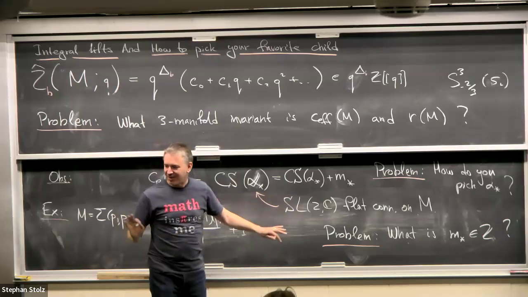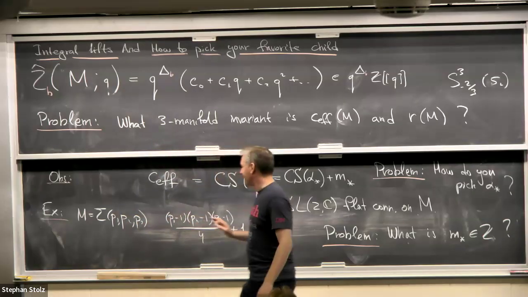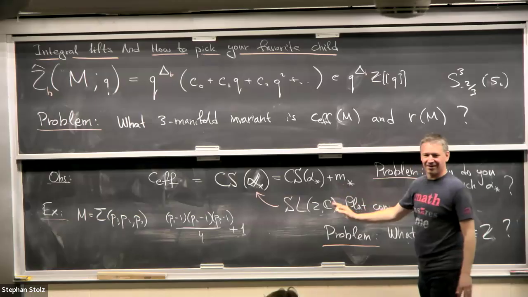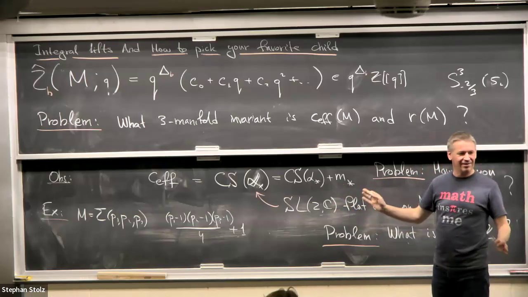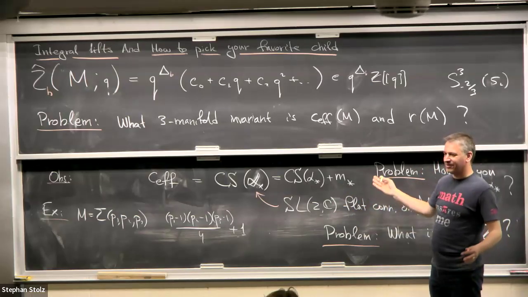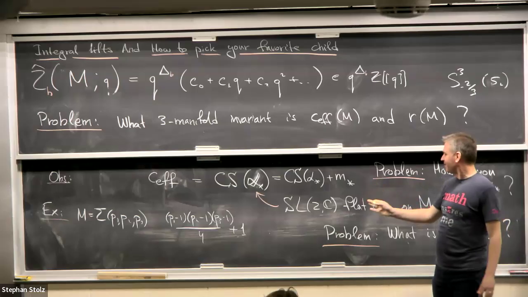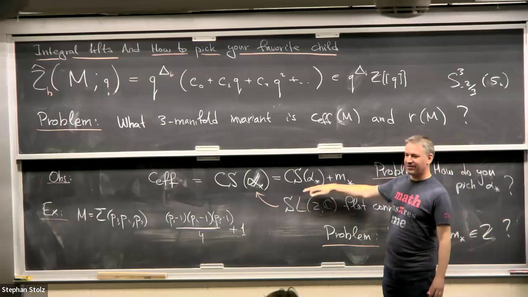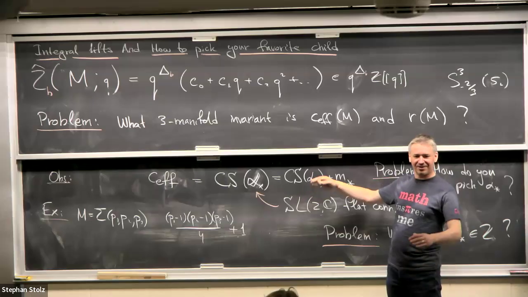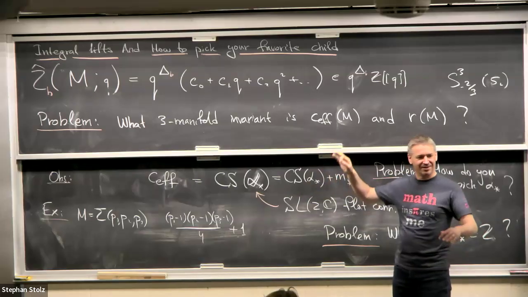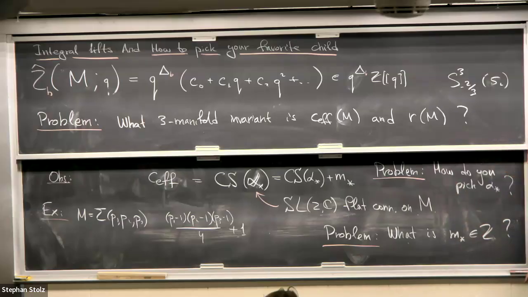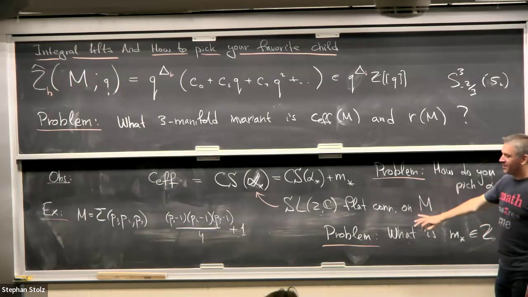So that's why I'm hesitating to make it a conjecture, because I suspect there may be a non-trivial example around, I don't know, surgery on a knot with 10 crossings, where this is not even a complex flat connection. It's one of these other things, a divisor at infinity that gets added to it. Anyway, so this is a lot to work on.